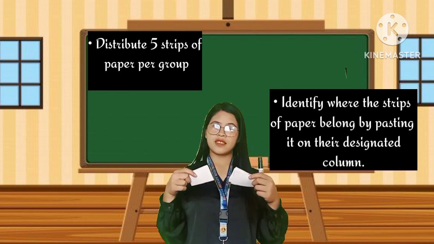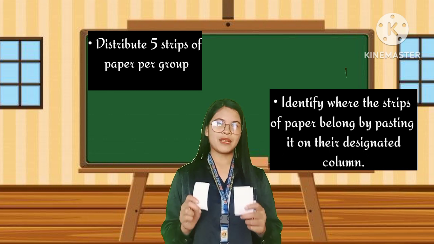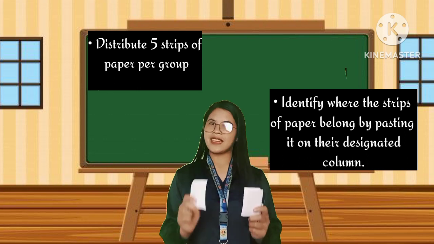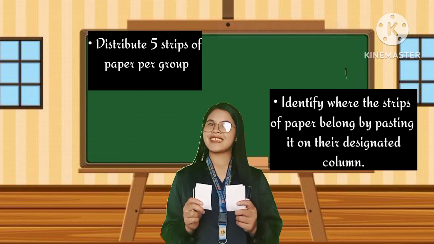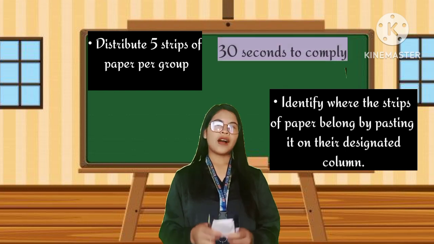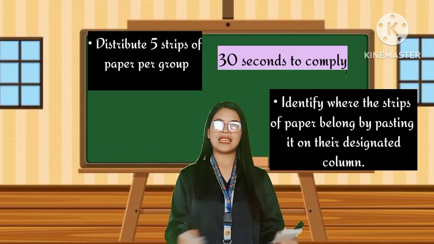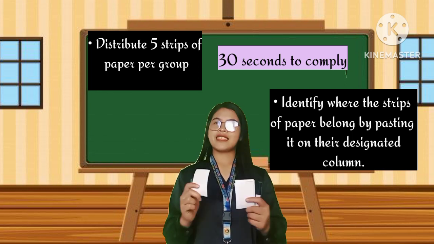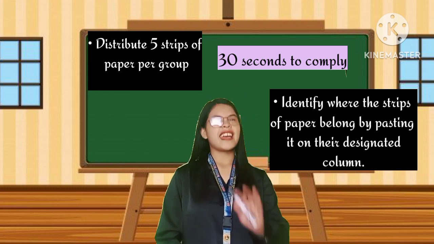I wrote some words there, and you only need to identify where each belongs. I will only give you 30 seconds to answer. After I distribute these strips of paper, proceed discreetly on this task. So the timer starts now.